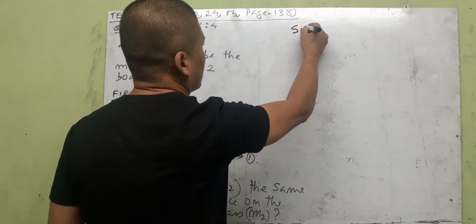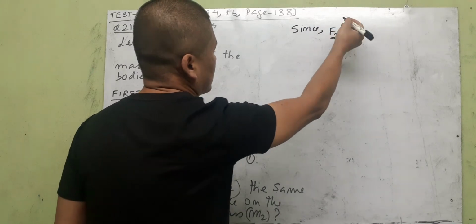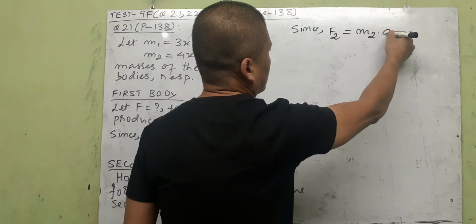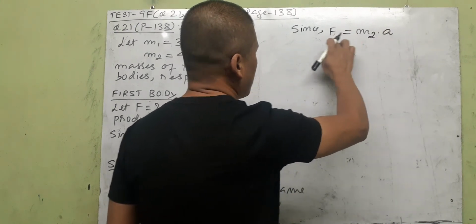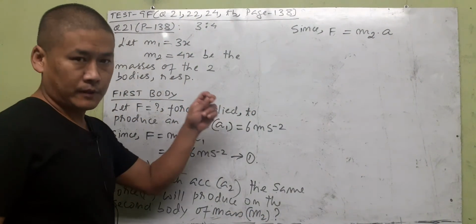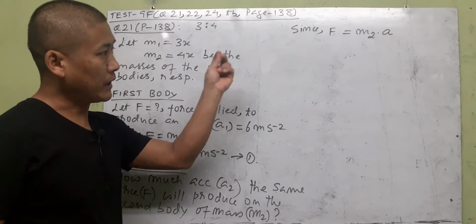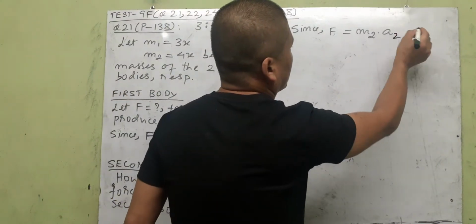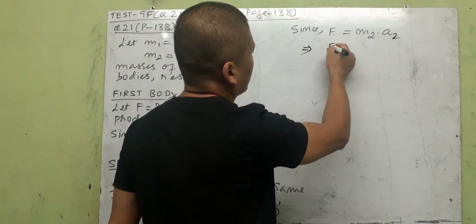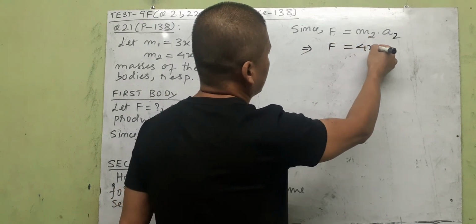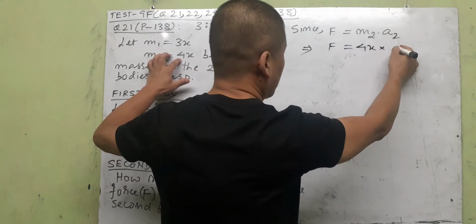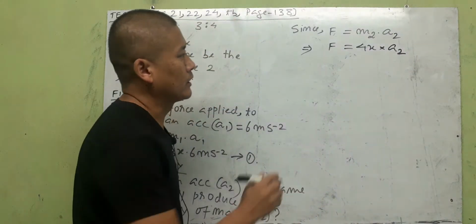Again, following the same second law equation, F will be equal to the mass of the second body into its acceleration. Same force, so it will be F. The F applied on the first body is the same amount of force applied on the second body, but the second body has acceleration A2. So F will be M2, which is 4x, into A2, which we don't know. We have to find the acceleration produced.